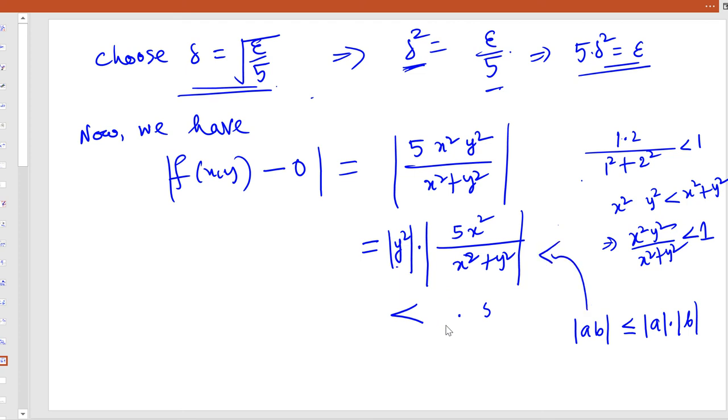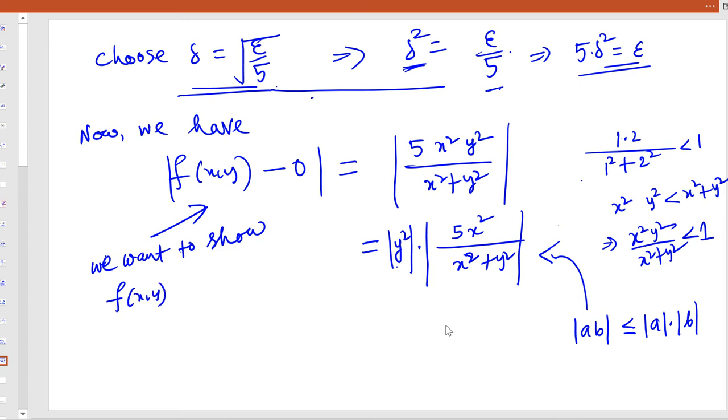Okay. Now let me just show you here. We want to show that the absolute value of f of x, y minus 0 is less than epsilon. Okay, this is our game. So for that, so far what we have is this one, and we can write that this quantity is less than this one.